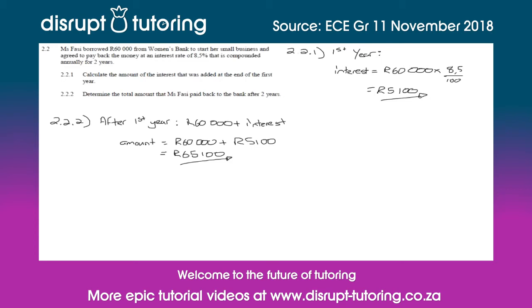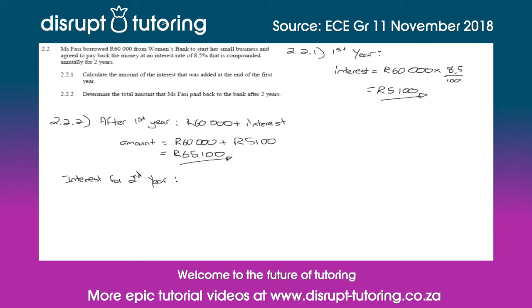Now we need to find out after the second year. So the interest for your second year, because it's interest compounded, that means each year we have to recalculate what the interest is for that year. So we calculate the interest now on this new number from the end of the previous year. So it's going to be similar to how we did it up here, where we need to multiply by the 8.5%.